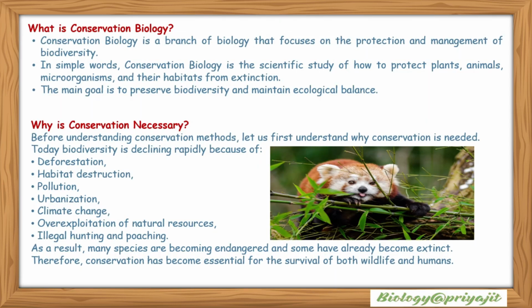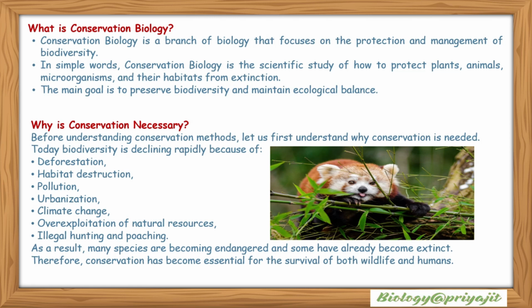What is conservation biology? Conservation biology is a branch of biology that focuses on the protection and management of biodiversity. In simple words, conservation biology is the scientific study of how to protect plants, animals, microorganisms and their habitats from extinction. The main goal is to preserve biodiversity and maintain ecological balance. Why is conservation necessary?